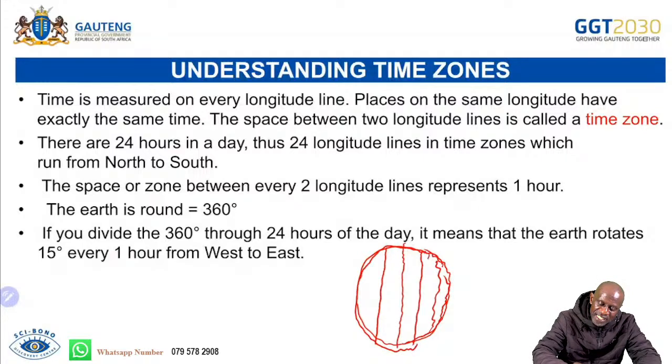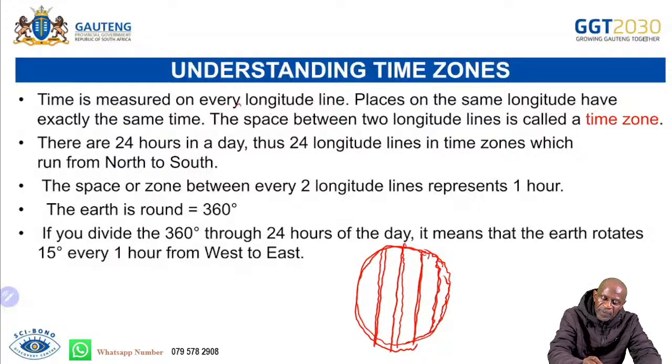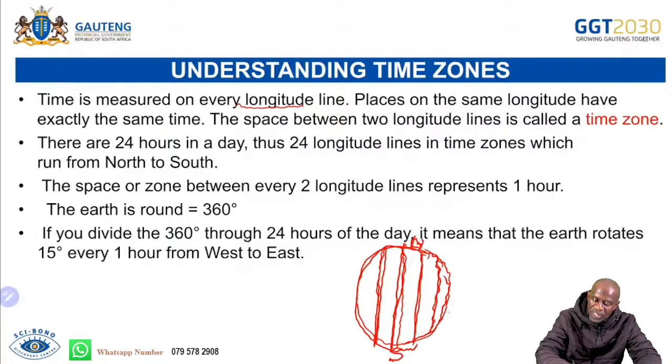You'll find these lines that run across the globe from north to south, and they are referred to as longitude. Lines of longitude, they range from north and proceed to the south.